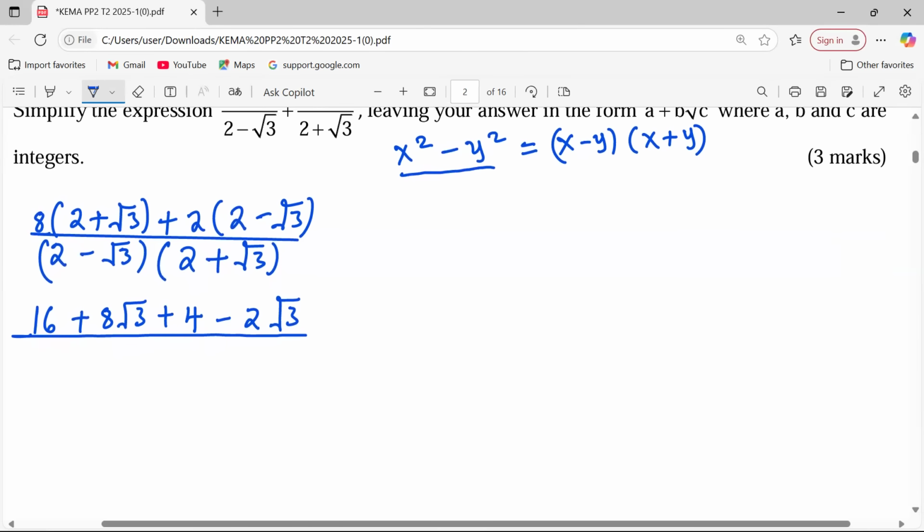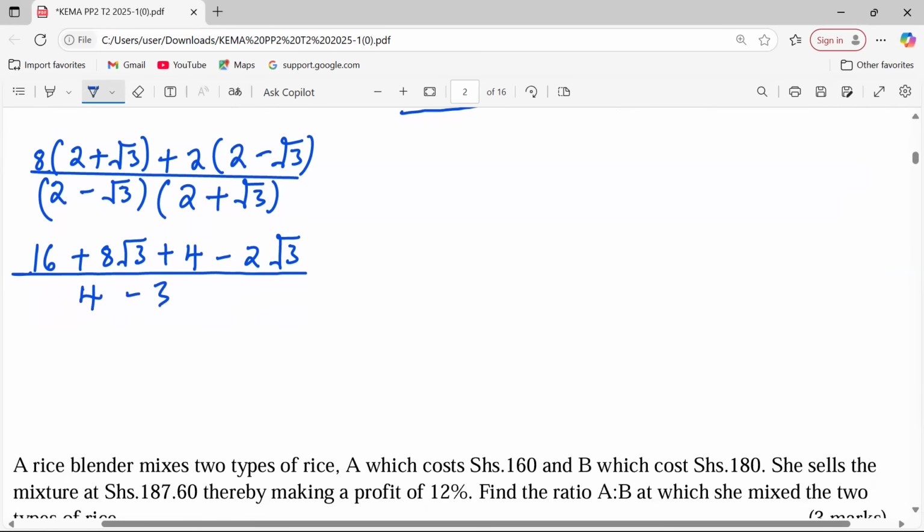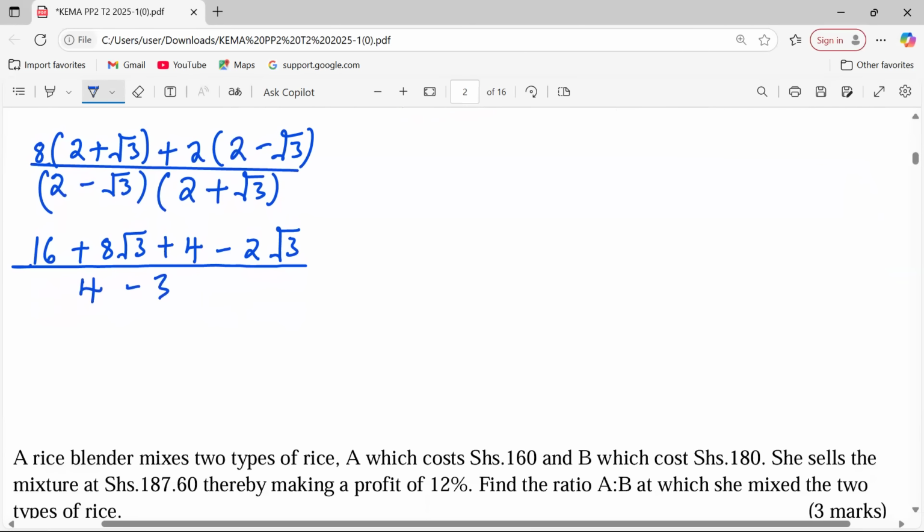So we need to expand for us to get it in this format. We take 2 squared, which is 4, then minus the root of 3 also squared, which is 3. So when you square root 3, you get 3. This means after subtracting at the denominator, we'll be getting 1.